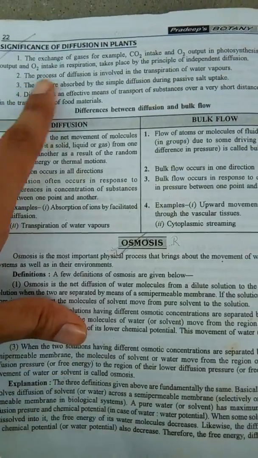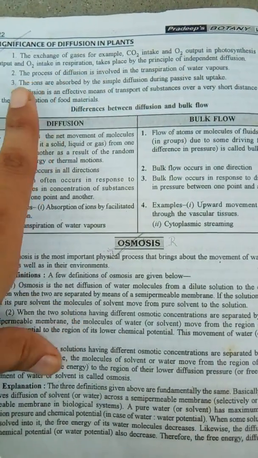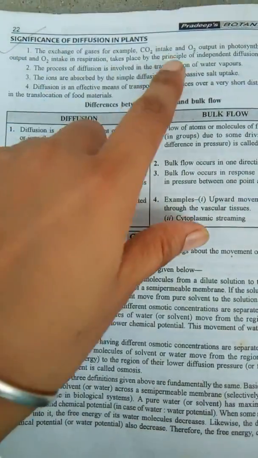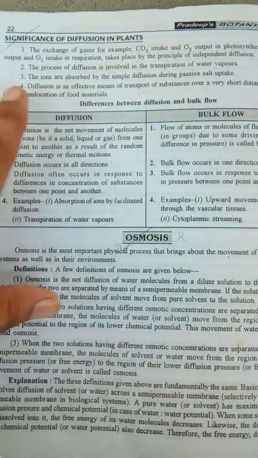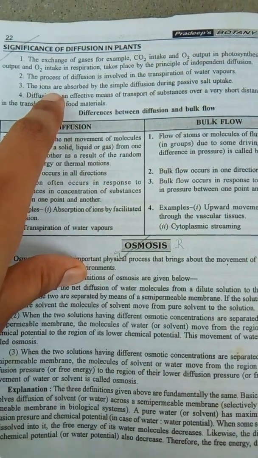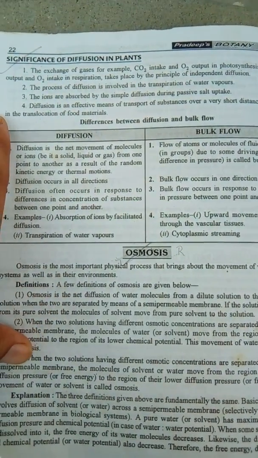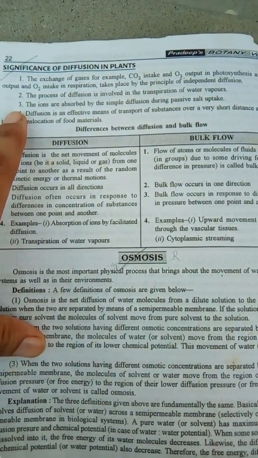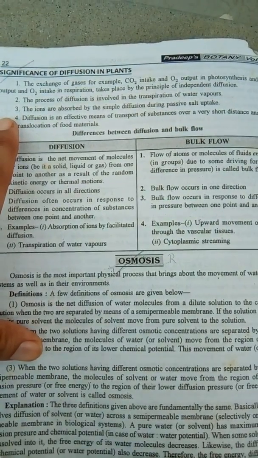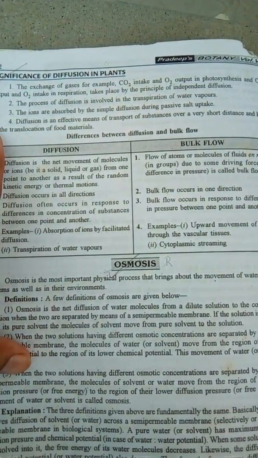The process of diffusion is involved in transpiration of water vapors. Transpiration is also a type of diffusion. The ions are absorbed by simple diffusion during passive salt uptake. When a plant takes up salt or water with salt, it also depends upon diffusion.